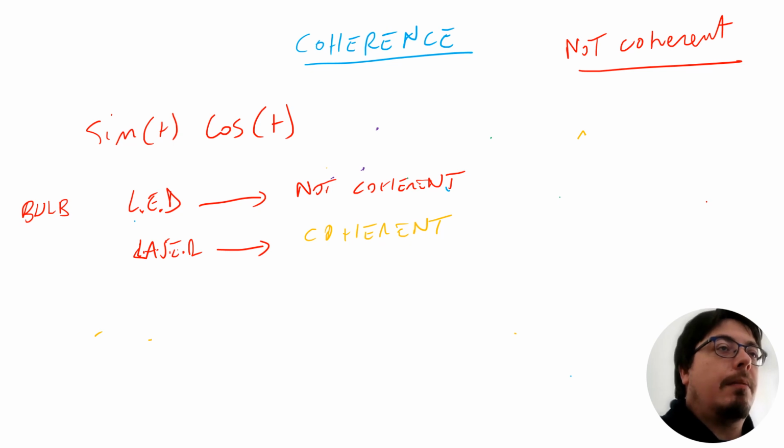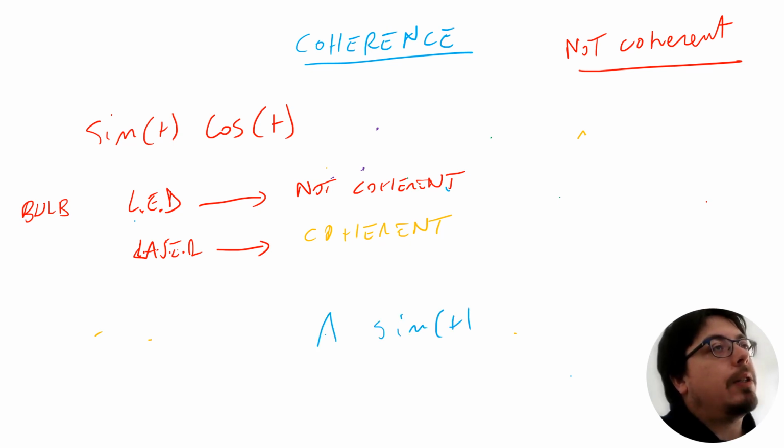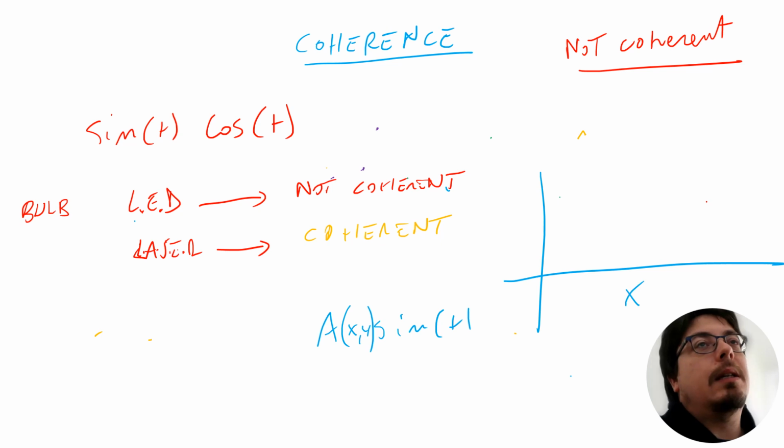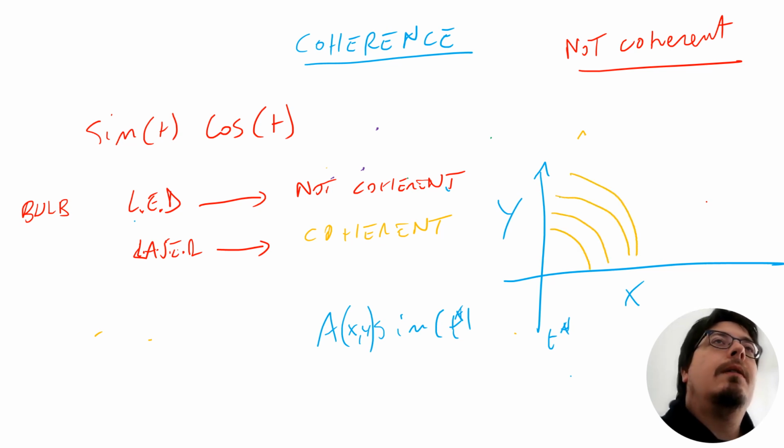So if you think about a sinus of t, we will also have a spatial amplitude, x and y. This is x and this is y. We have a direction. Time is a picture each time. This is a t star, a picture in time, and our light will have a distribution of intensity in some direction.